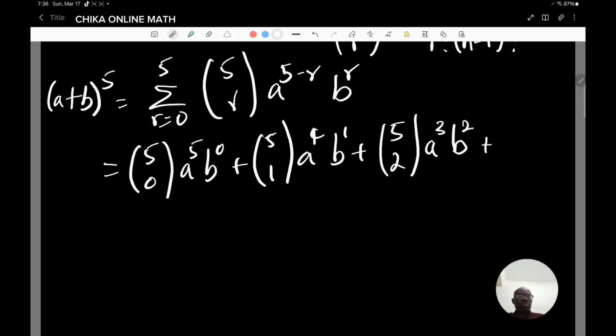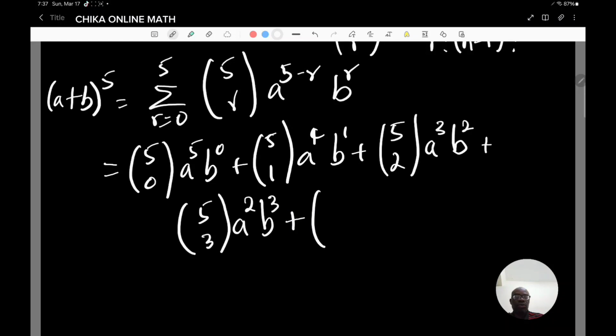Plus, then for r equal to 3, we have 5 combination 3, a to power 5 minus 3, which is 2, and b to power r, and our r is 3.